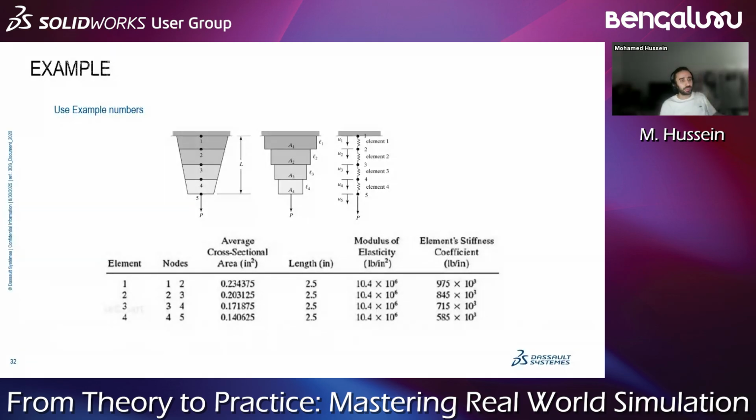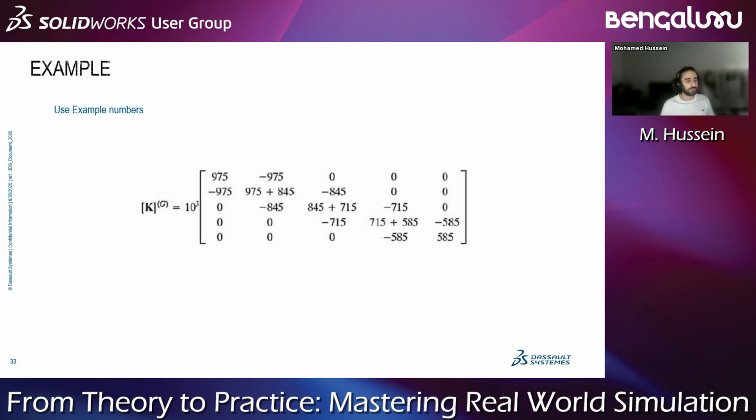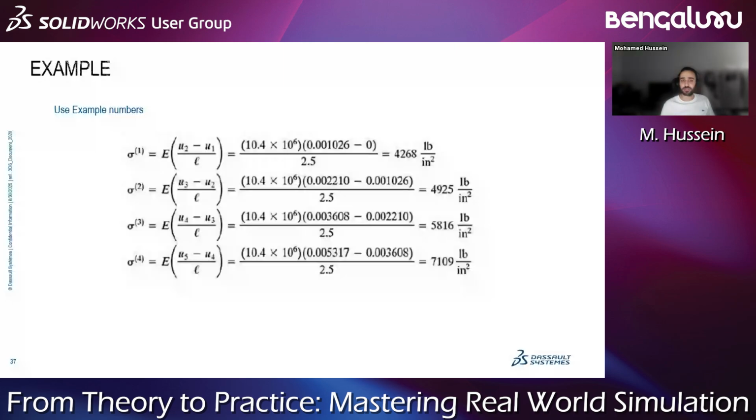So when I have 10 elements, I will be having 11 nodes. And as long as I know the displacement of the first one, which is 0, I will solve for sure for 10 equations, 10 unknowns. Okay. So thank you all for giving us this reply.